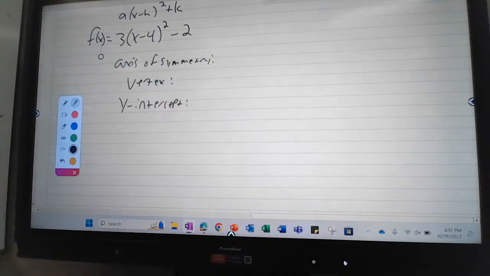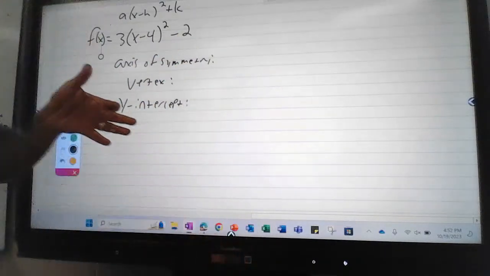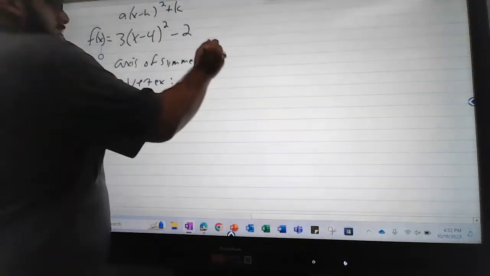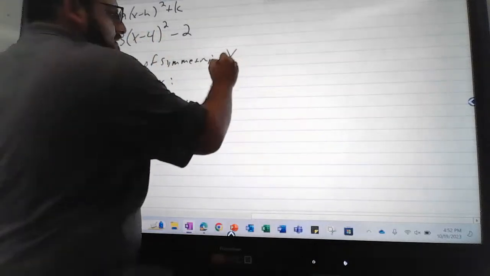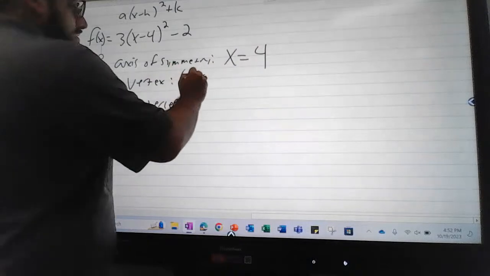X minus means we're going to the right, which is a positive direction, so the x value is positive. X plus is going to the left, which is a negative direction, so the x value would be negative. So here, my axis of symmetry is going to be a positive number, x equals 4. And of course, that's also the x value of the vertex.